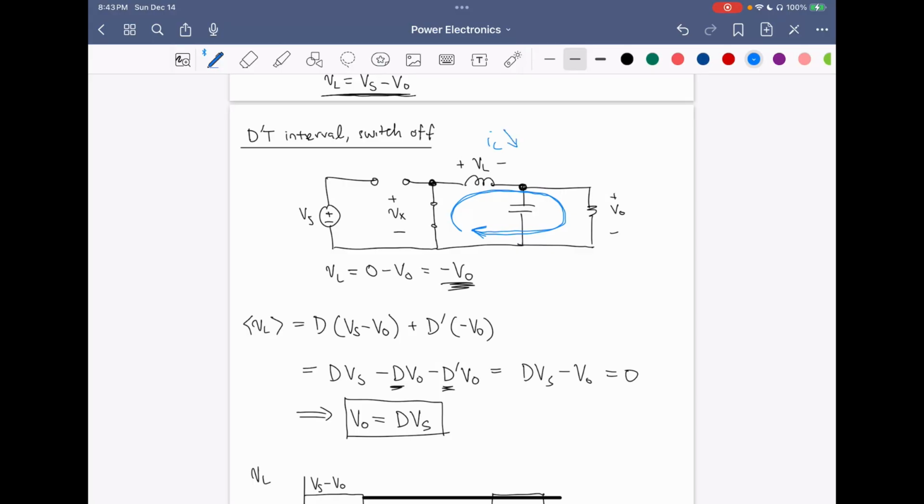We know this because of the characteristic equation VL equals L dIL dt. If VL is positive, the change in inductor current is positive, so the current is increasing. Likewise, if VL is negative, the inductor current is decreasing.